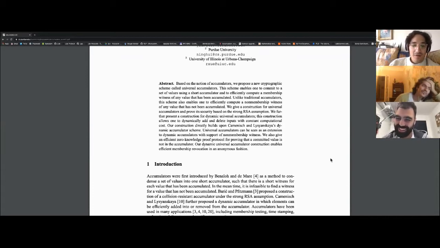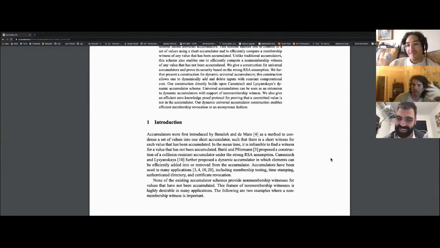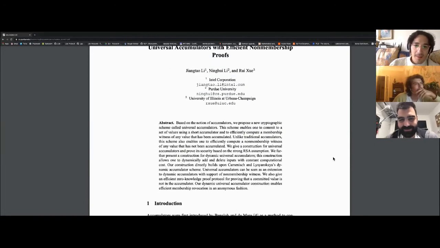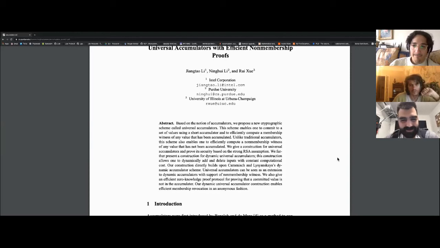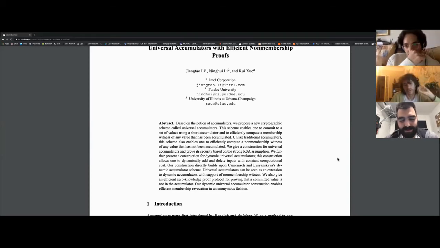So just to do the concept a bit, maybe you guys are familiar with Merkle trees, but just to reintroduce them again, a Merkle tree is somehow a sort of accumulator. It's not really called an accumulator, it's more of a vector binding, but it's a way of collapsing a whole set into a single value.